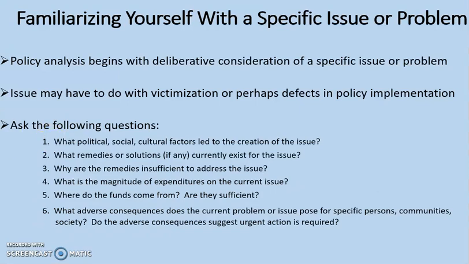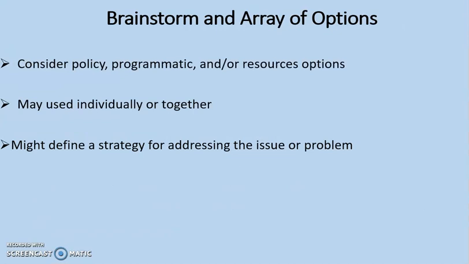Okay, so let's look at how you brainstorm your options for policy development. In figuring out what you want to do to address the current issue or problem with the current policy, always be sure to consider policy, programmatic, and/or resource options when you're developing your alternatives.